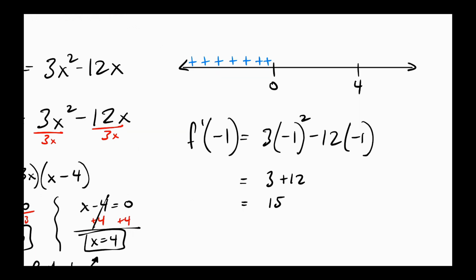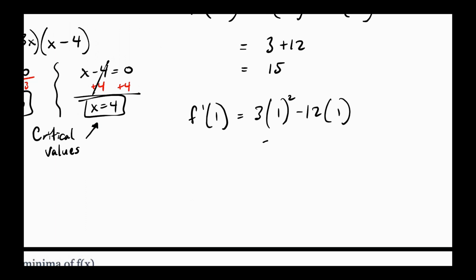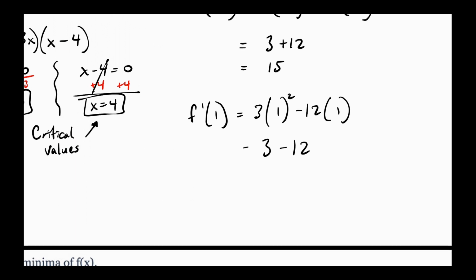Okay. So now I'm going to pick a number between 0 and 4. I'm going to choose 1. Okay, so I get 3 minus 12. Again, I don't really care what number I get for the first derivative test. I just want to know if it's positive or negative.